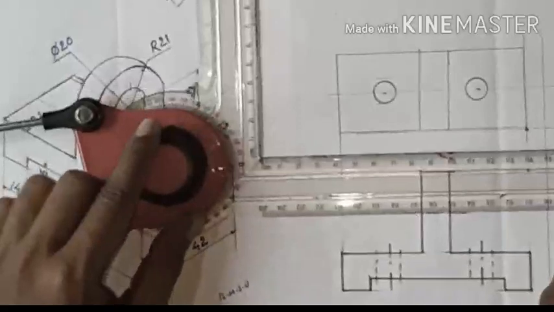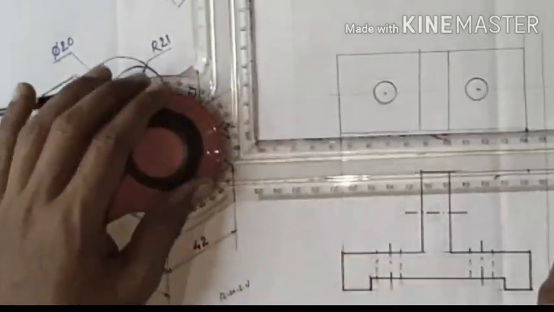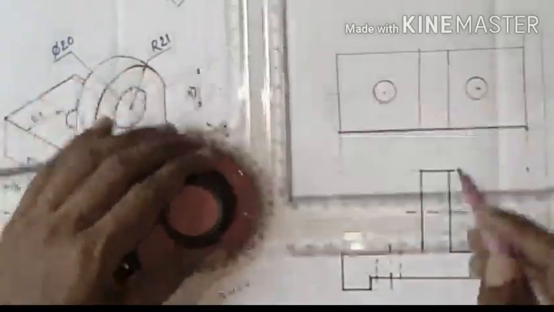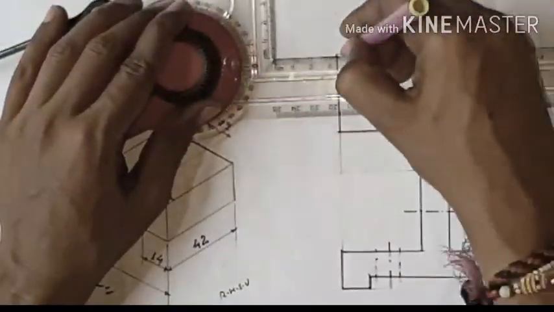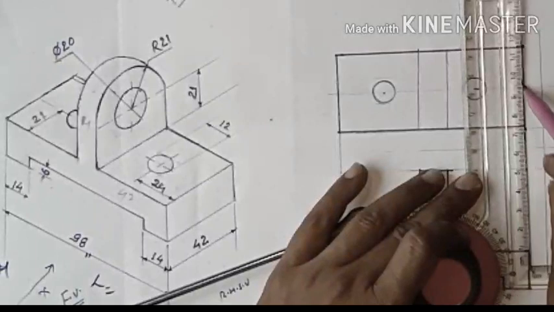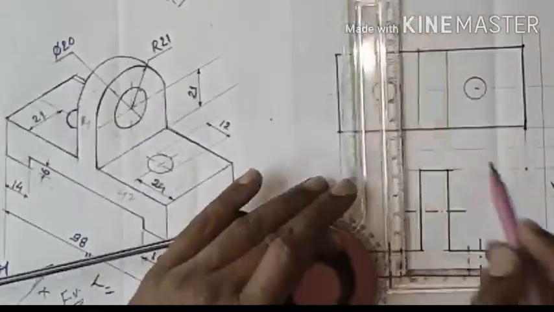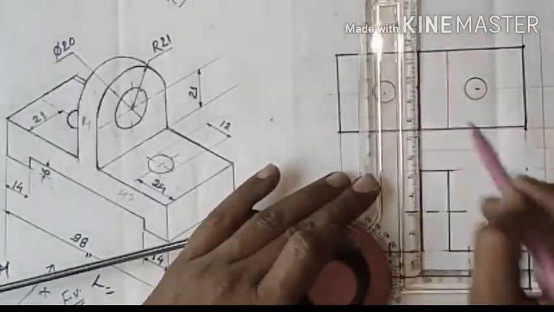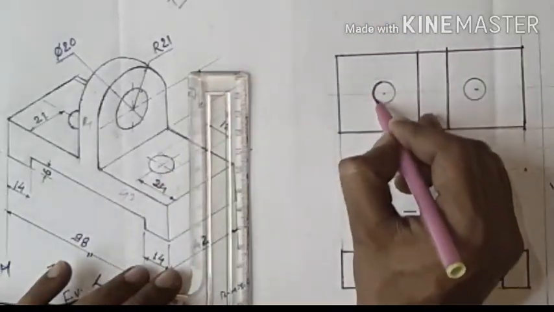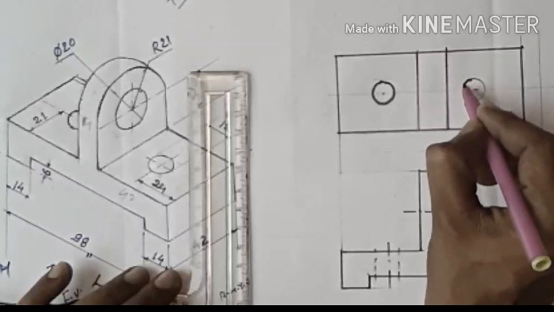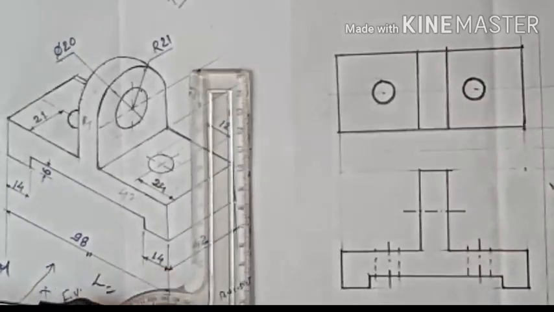Firstly we complete this, like this, this, and again this, and now we have two circles like this.